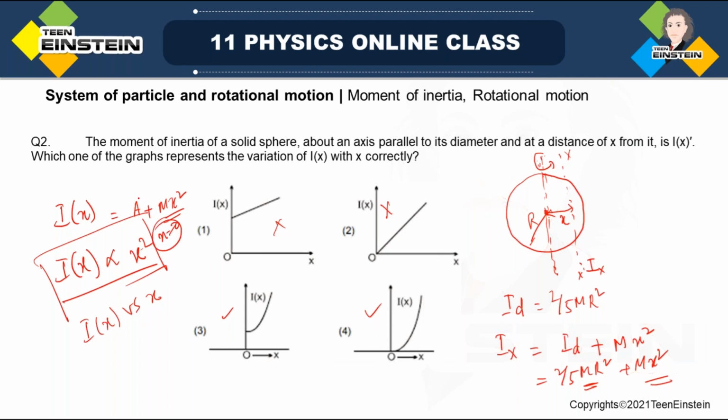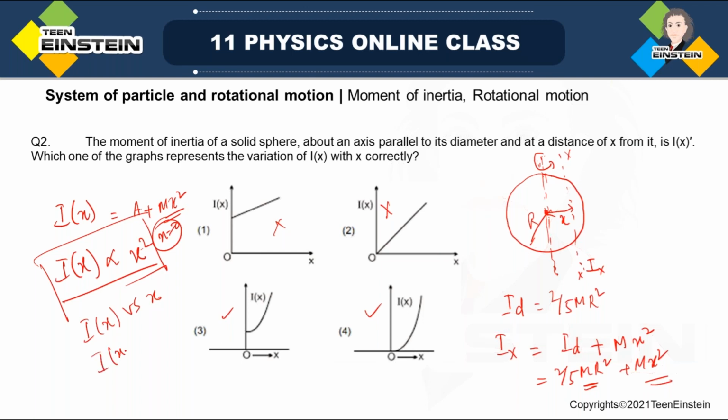From this we can understand, even at x equal to 0, this a will not be 0. So therefore, at x equal to 0, a is not 0. The amplitude is not 0.